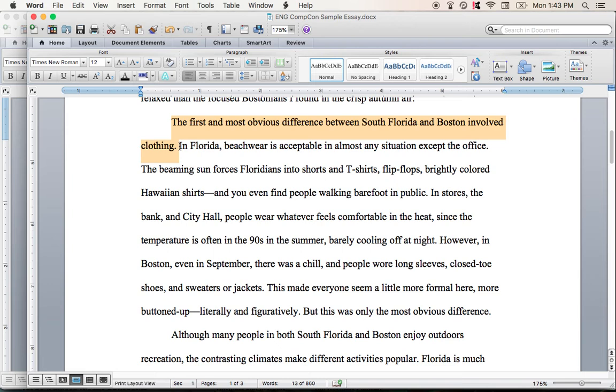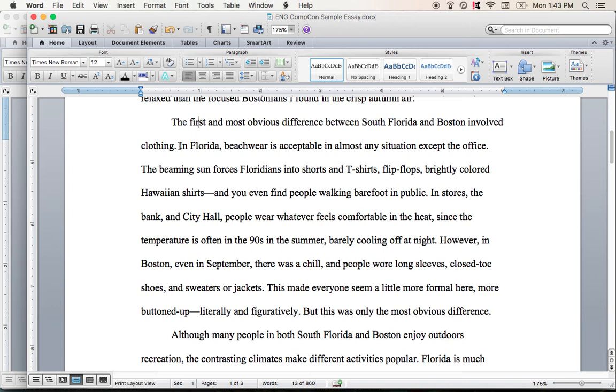It doesn't say exactly what the differences are, but it tells you that there will be a difference. And then the rest of the paragraph is going to support that main idea of the paragraph by giving evidence, giving examples or details or explanations, explaining what that means. Somehow it is going to help to prove to the reader that this topic sentence is true.